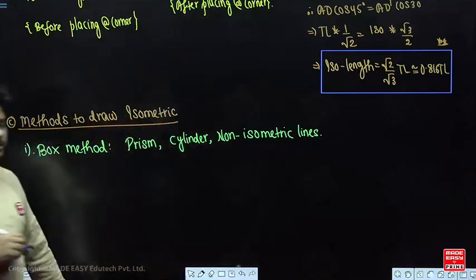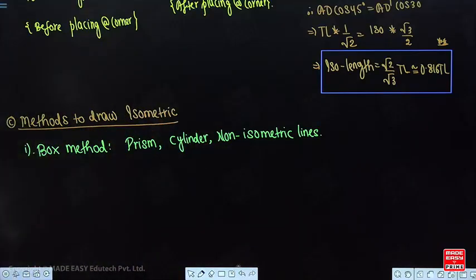Correct. So box method, it is used for prism, cylinder and non isometric lines.